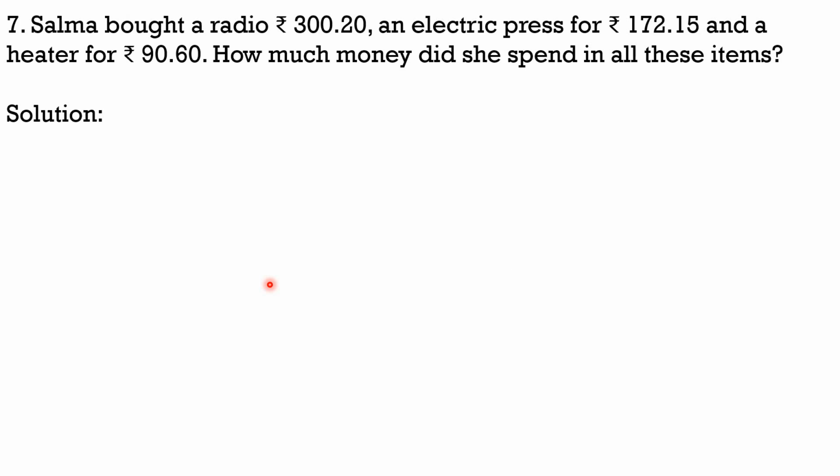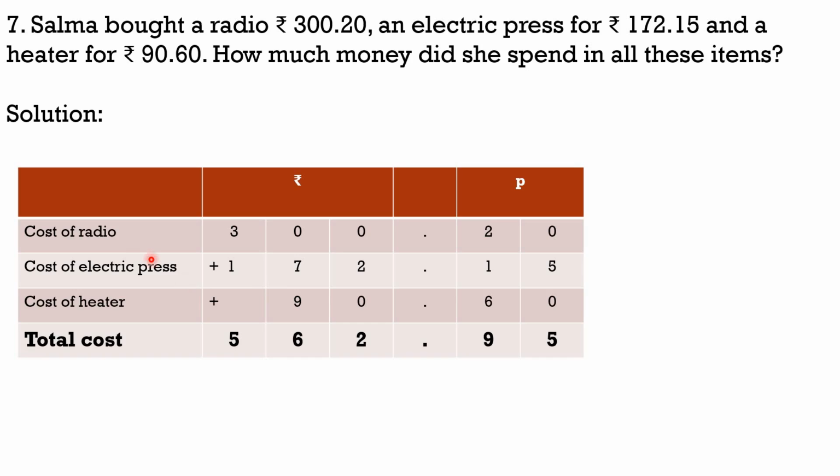Now the 7th sum. Salma bought a radio for rupees 300.20, an electric press for 172.15 and a heater for rupees 90.60. How much money did she spend on all these items? Now they have asked how much money she has spent in total, so we have to add.